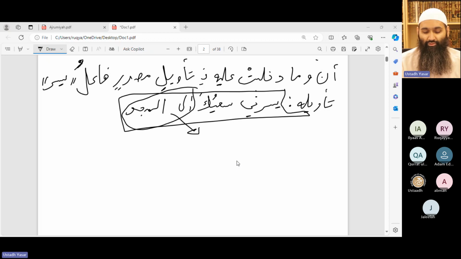These sciences serve balagha, because the ultimate aim of learning these sciences like nahu in detail and sarf is to understand the balagha of the Quran, the eloquence and the beauty of the speech of Allah subhanahu wa ta'ala.